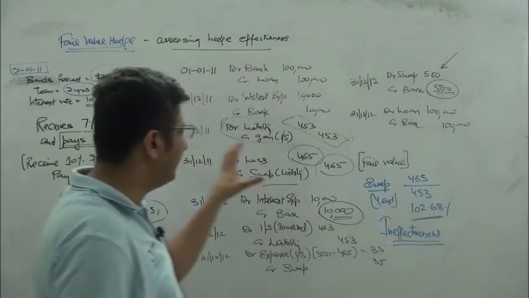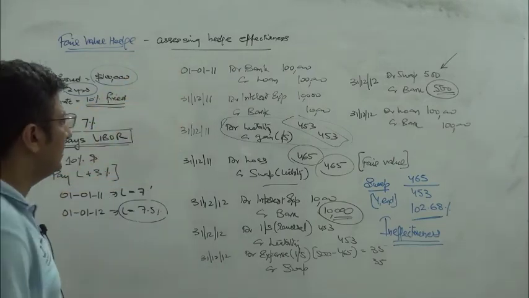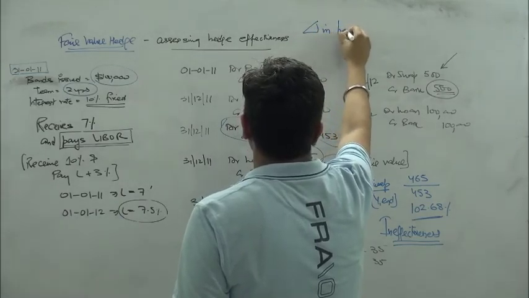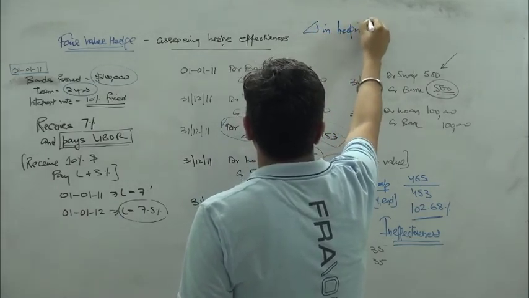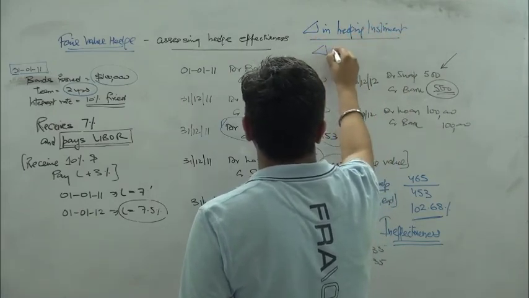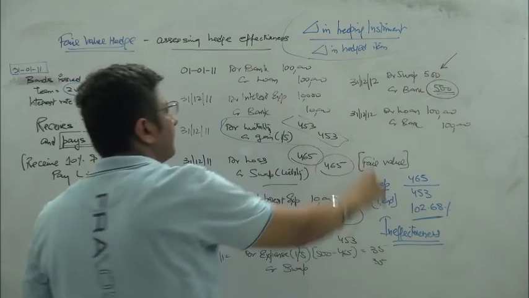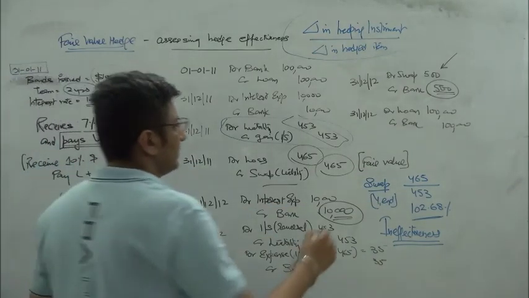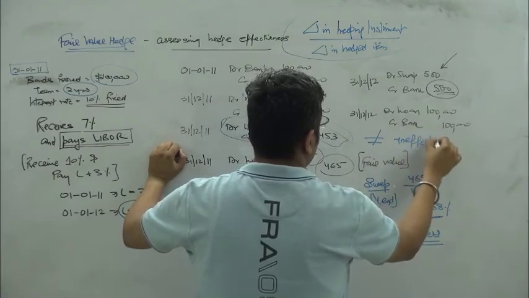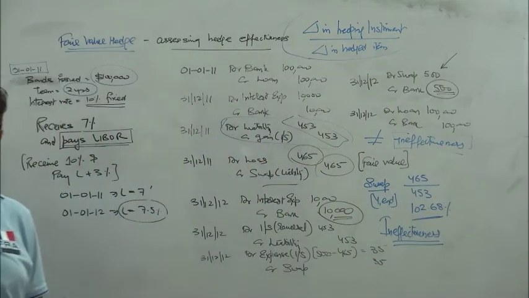But then in a very simplified way, if I were to assess hedge effectiveness, I'm looking at the delta, or the change in my hedging instrument, divided by the delta in the hedged item, right? If it is not 100%, then we say there is some ineffectiveness as far as hedging is concerned.